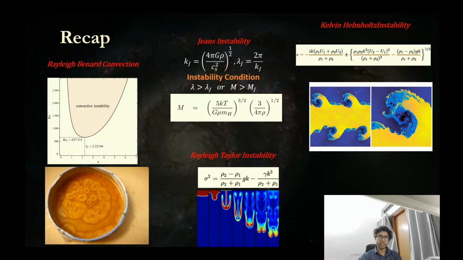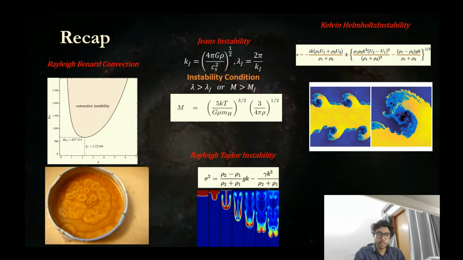And if a region has a length of this order, and whose mass is of this order, then that will collapse into something which can form a star at the end.